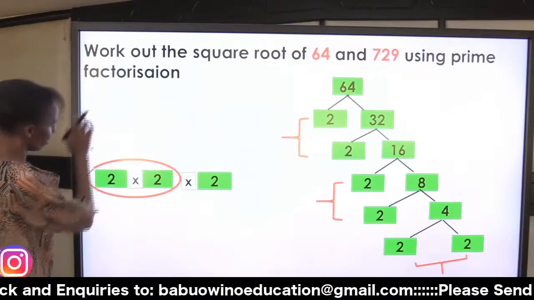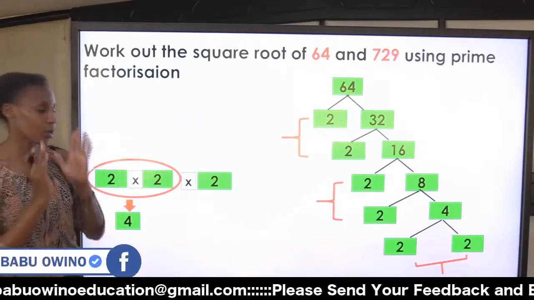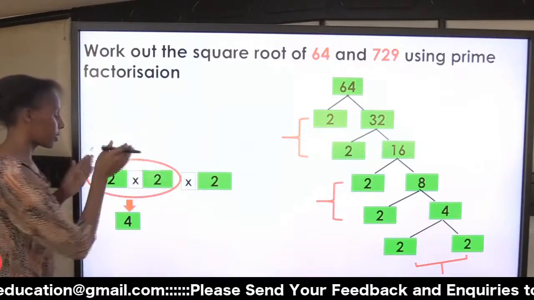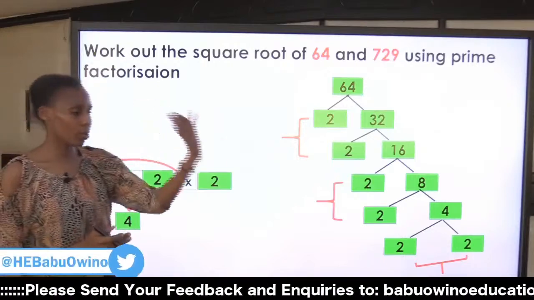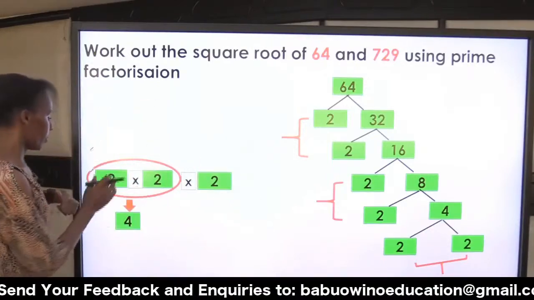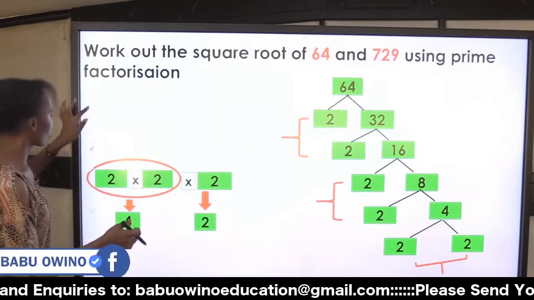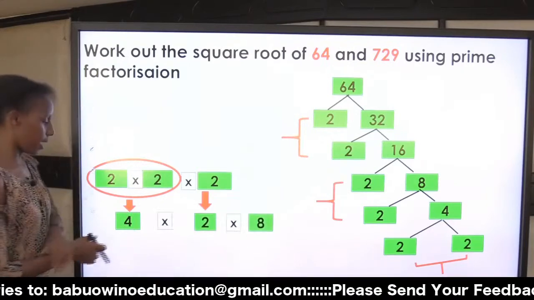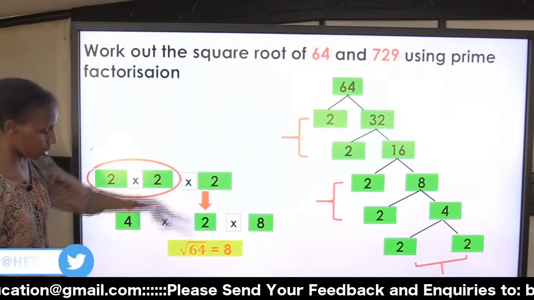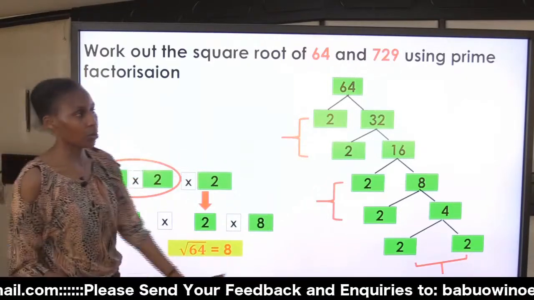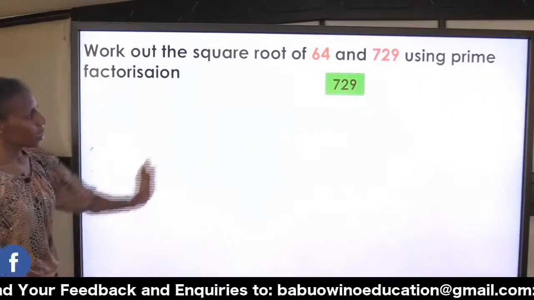Remember what we said, when you multiply 3 digits, you start with the first 2 and then you multiply the product of the first 2 with the third one. So 4, and here I'm picking 2. When I multiply, I get 8. So we can say that after prime factorization, the square root of 64 is 8.